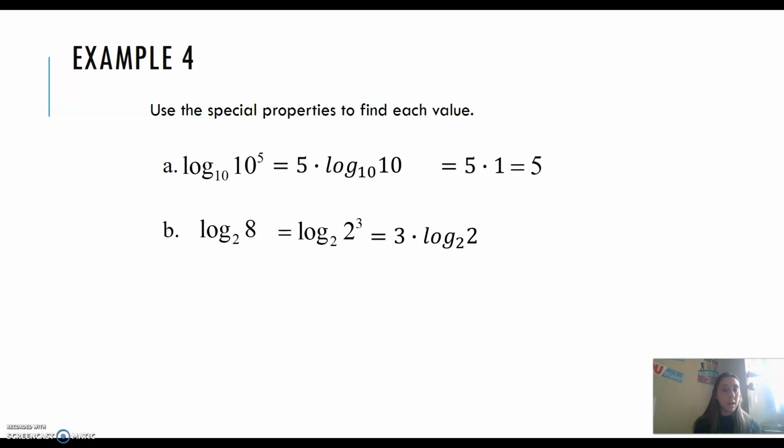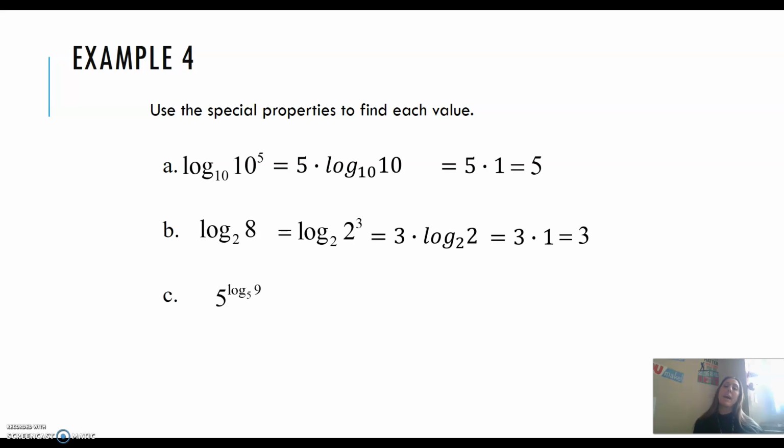We have 3 times log base 2 of 2, and log base 2 of 2 simplifies down to 1, and we end up with just 3. So there's a couple different ways. If you know that 2 to the third power equals 8, you don't need to redo this, but this practice, writing it down so you can see it when you know what it is, will help us later on when we don't know what it is.